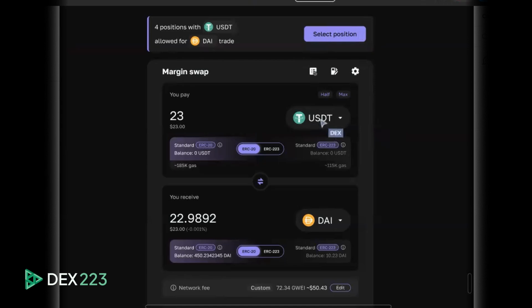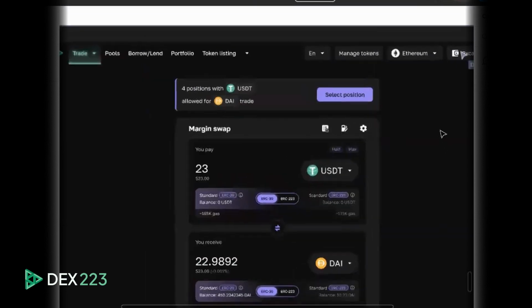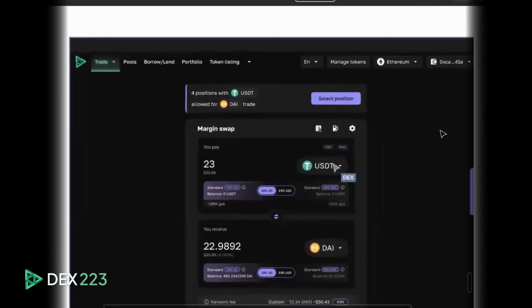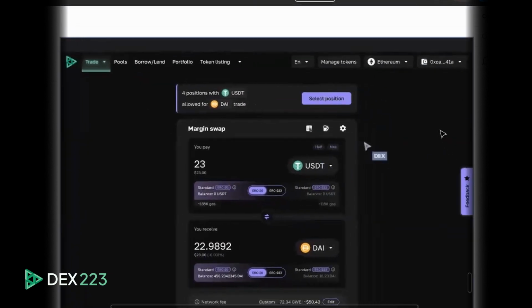It will work differently from the normal swap. You will not be able to select any assets from your wallet balance. So if you have some tokens on your wallet, you will not be able to trade them here because they are not on your position. You will not be able to deposit them as collateral if they are not accepted, and if they are not on the position balance, you will not be able to engage them in margin swap.